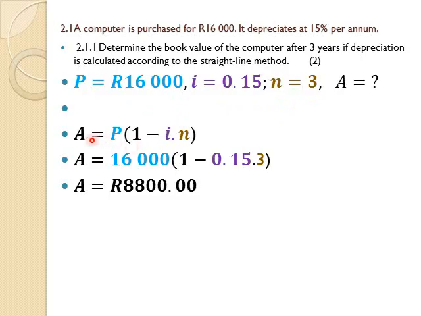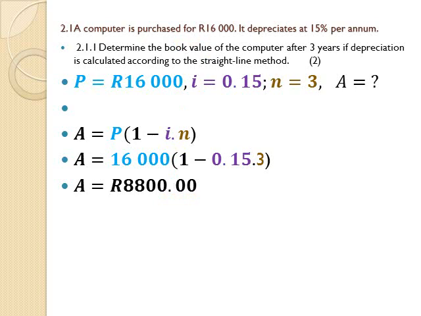So straight line, A equals P(1 minus I times N). So A equals 16,000(1 minus 0,15 times 3). So 1 minus that times 16,000 gives me 8,800. So after 3 years on a straight line, this computer is worth 8,800.